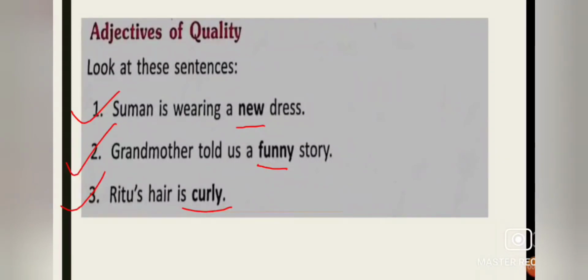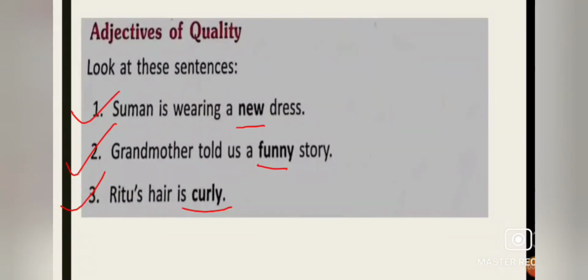Number 2. Grandmother told us a funny story. In this sentence, funny. Number 3. Ritu's hair is curly. In this sentence, curly is the adjective of quality. It tells about how Ritu's hair actually is.